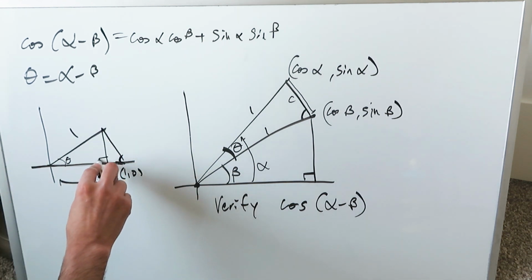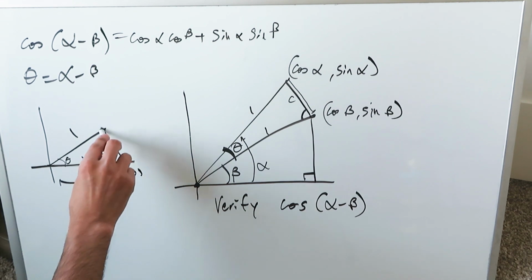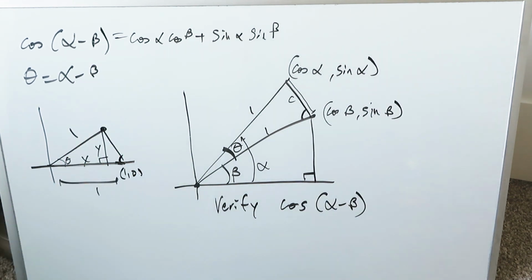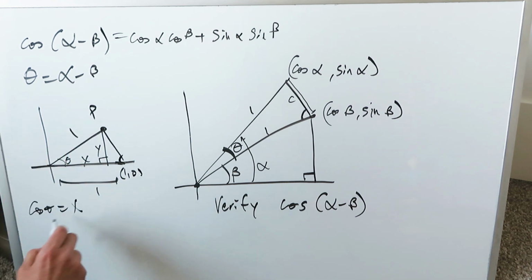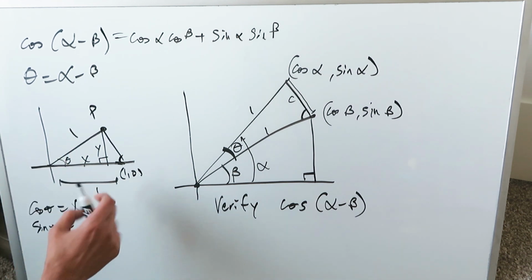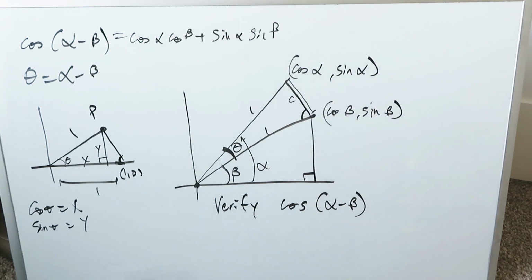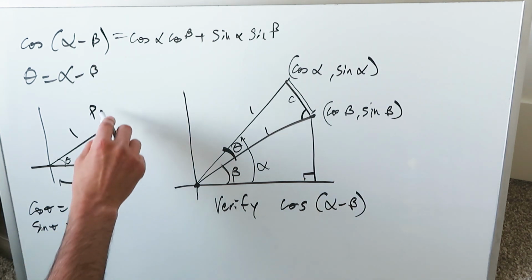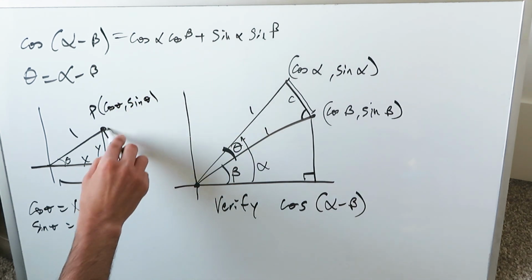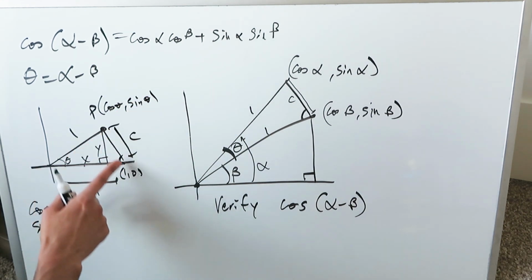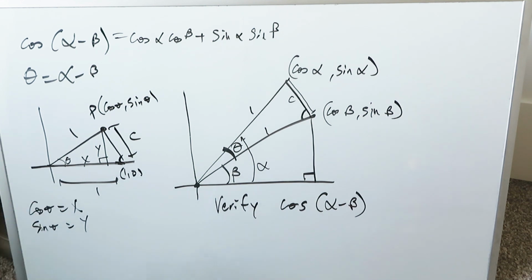Draw a right triangle with an x dimension and a y dimension and determine this point. We'll call this point P. You have cosine theta is equal to x over 1, which is just x, and sine theta is equal to y over 1, which is just y. So y is equal to sine theta, x is equal to cosine theta. Determine this length of segment, which is also equal to c, using your distance formula.